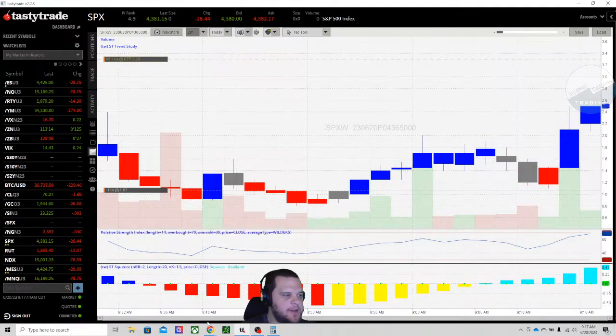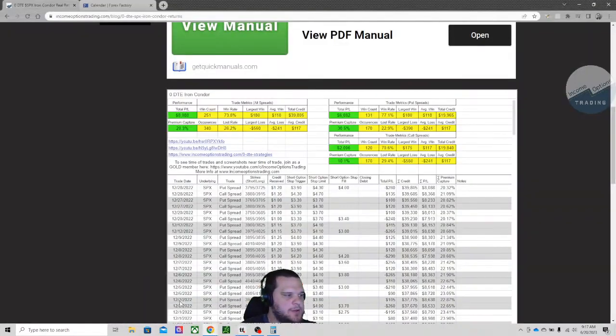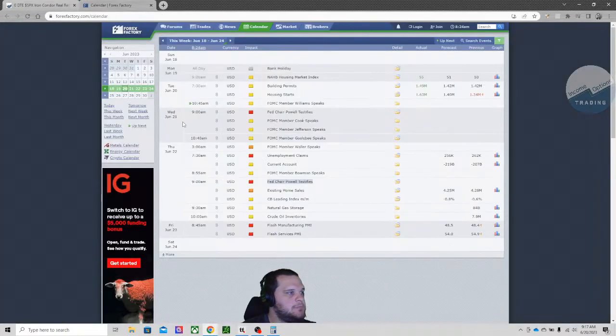I start the day by looking at events for the week, for the day, and base that on whether or not I want to trade. If it's a high expected impact, then I'll either wait till after that event, or I'll just skip that day.